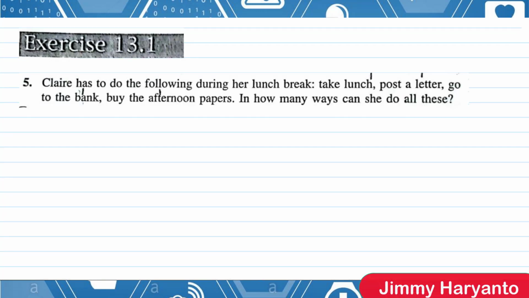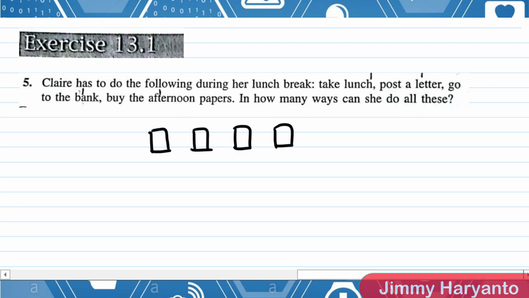Next is Claire has to do the following during her lunch break. First she has to take lunch, or post a letter, or go to the bank, buy the afternoon papers. But she has to do all of it, in a sequence. So for this one we'll have 4 boxes for each of the tasks.